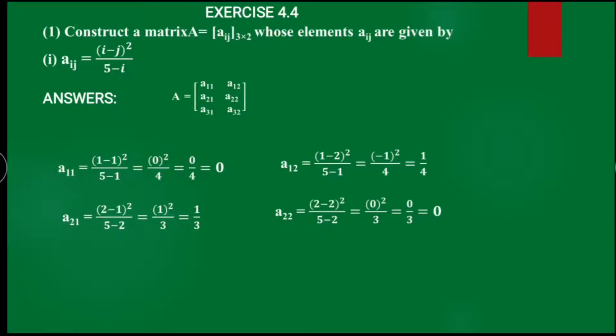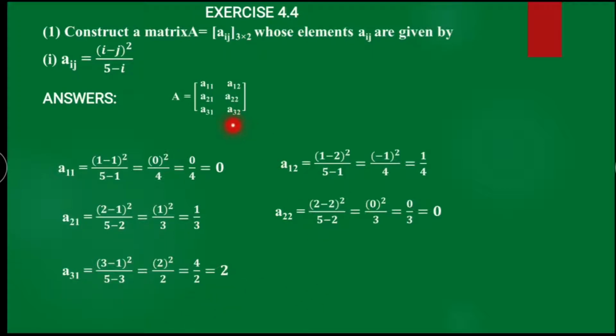Now we find the value of a31. So here we write in formula i equals 3, j equals 1. So here we get 3 minus 1 bracket square in numerator, and we replace i by 3, so 5 minus 3 which is 2. So here we write 3 minus 1 as 2, so 2 square we write 4 upon 2. So after dividing 4 by 2 we get 2. So the value of a31 equals 2.